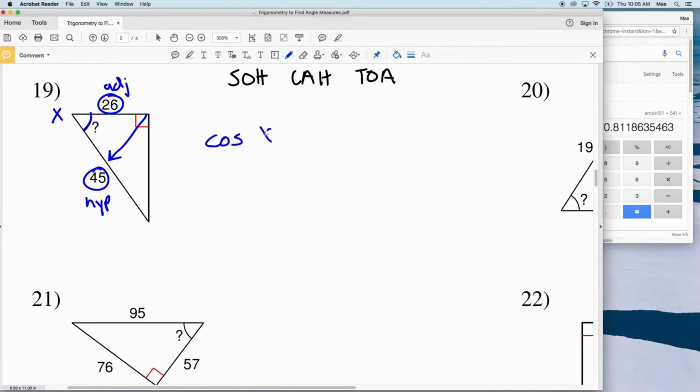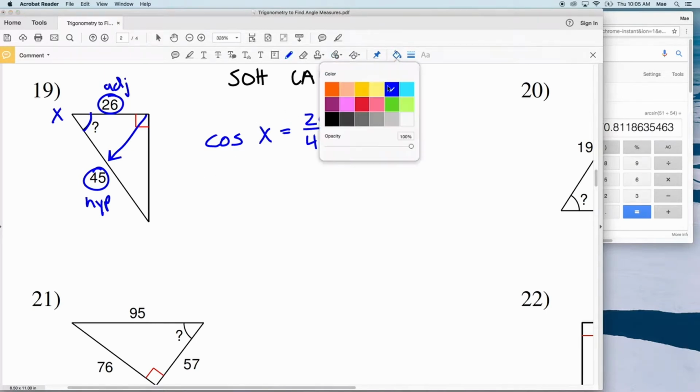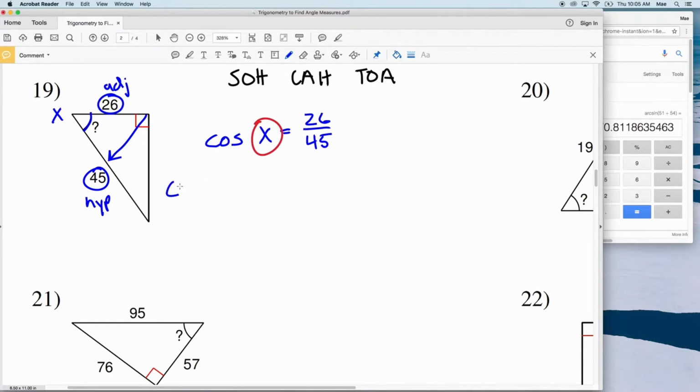The cosine of angle X is equal to the adjacent side length, which is 26, over the hypotenuse, which is 45. We need to isolate this X, so we're going to take the inverse cosine of both sides.